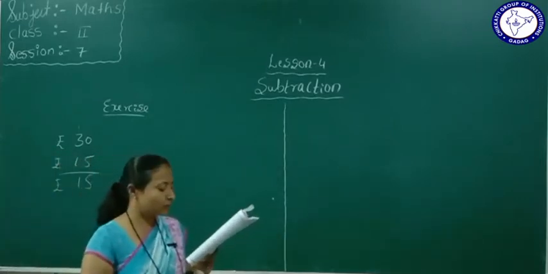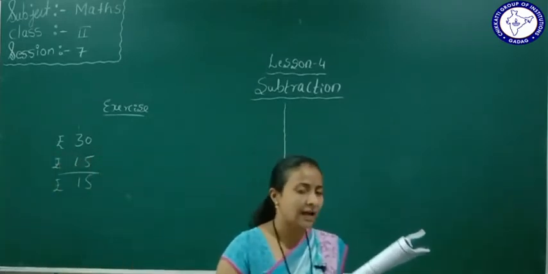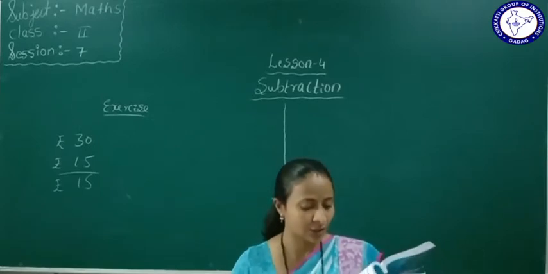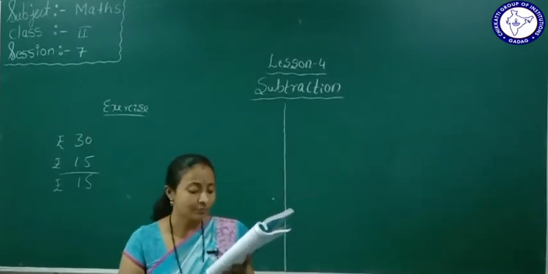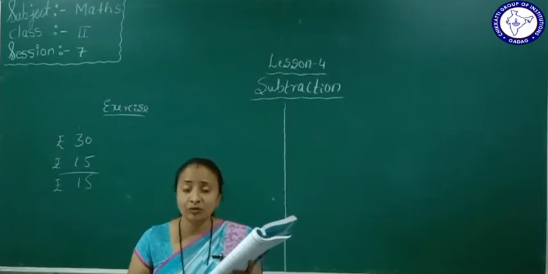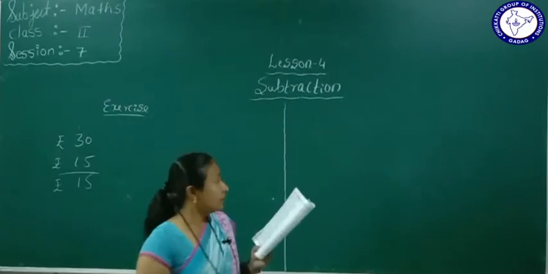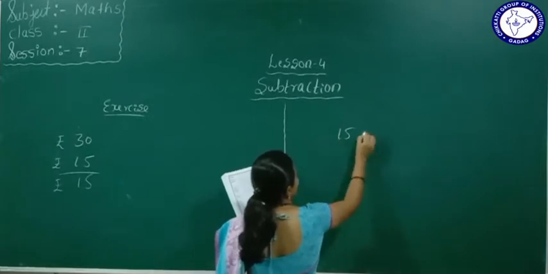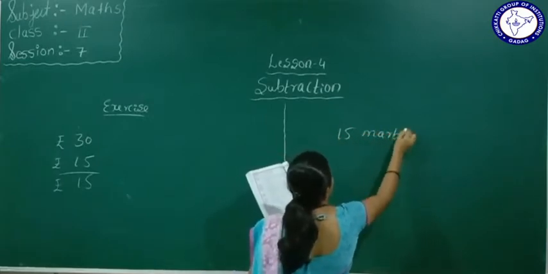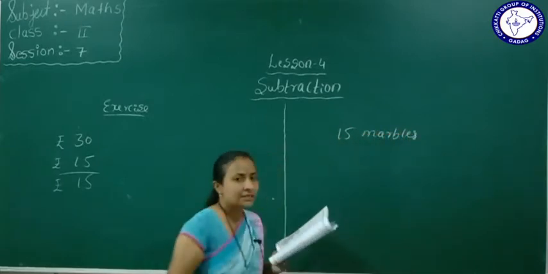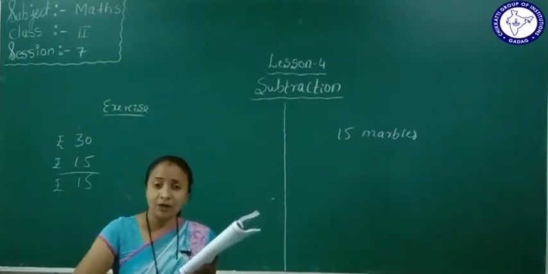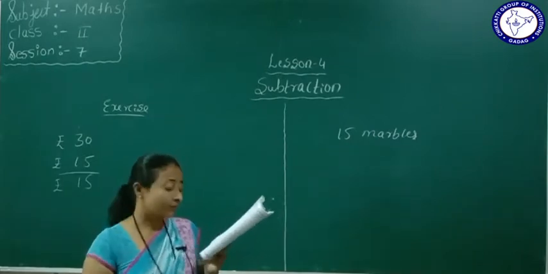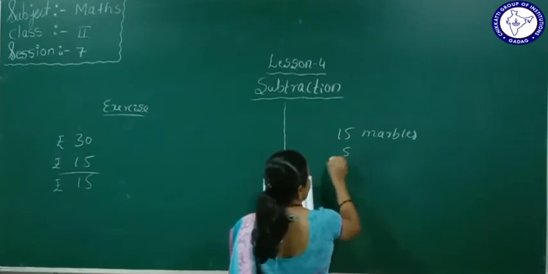So we do this orally. Amit had 15 marbles. Pawan gave him 5 more marbles.